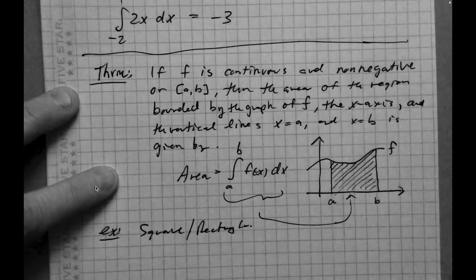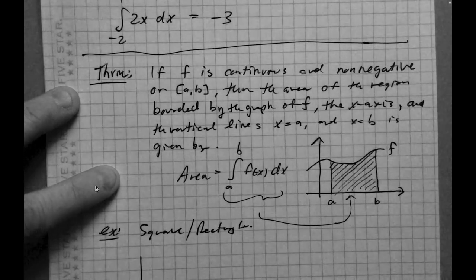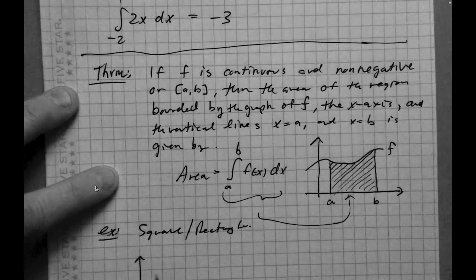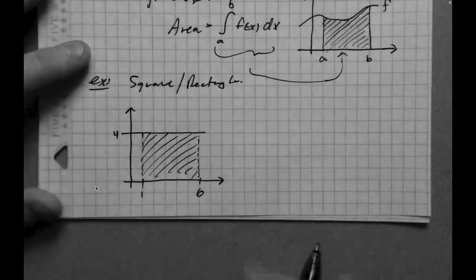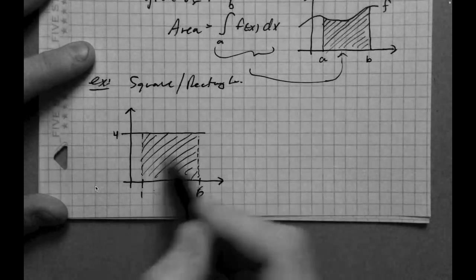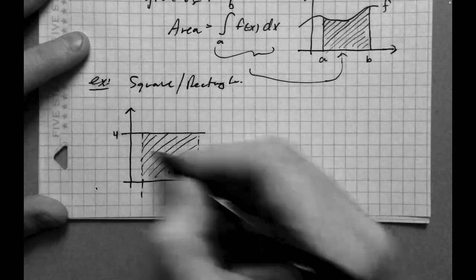If I have my xy axis, and I've got some region, say 1, 2, 3, 4, 5, 6, and maybe 1, 2, 3, 4, then the area from 1 to 6 under the line 4, that's a rectangle, isn't it?